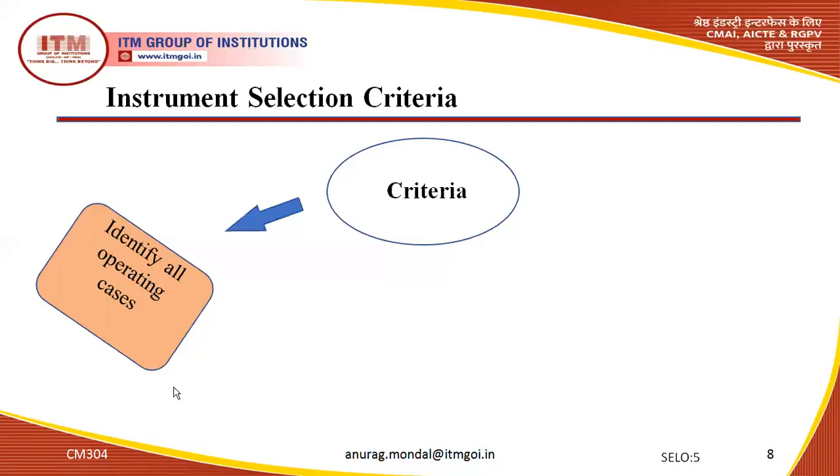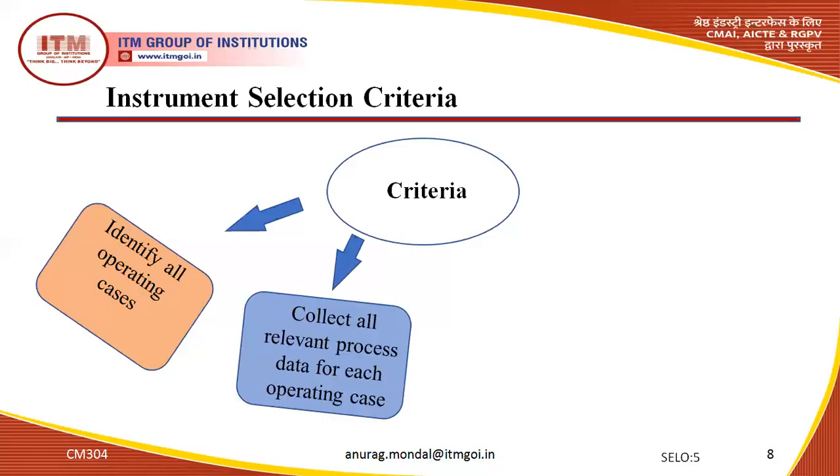So all the operating cases should be identified, and only after that can we decide which kind of instrument to use for detecting the level. For example, if the liquid is sticky and I take a level detector that doesn't provide that much accuracy for a sticky liquid, the process doesn't work in a proper way. So we have to identify all the operating cases.